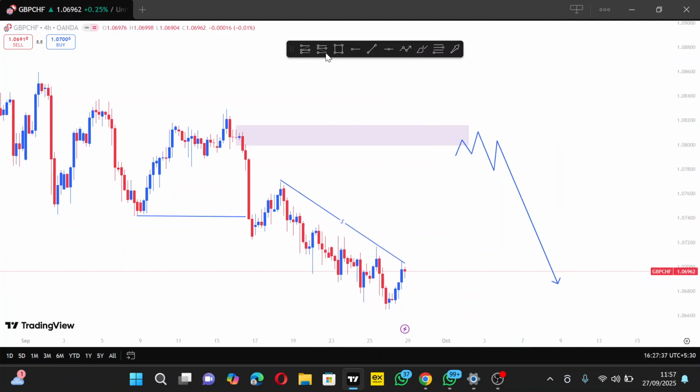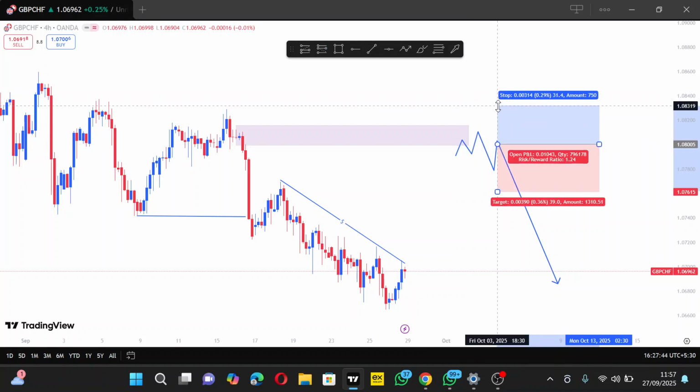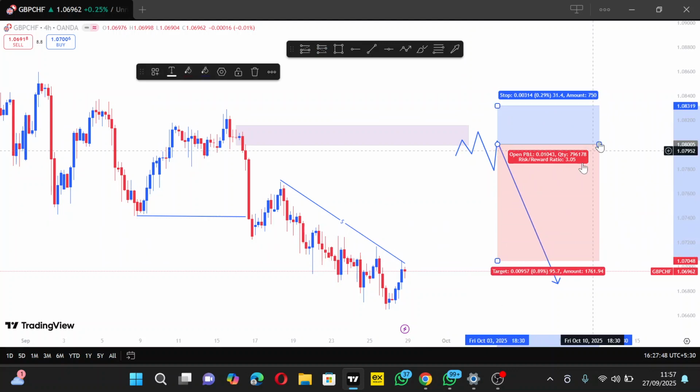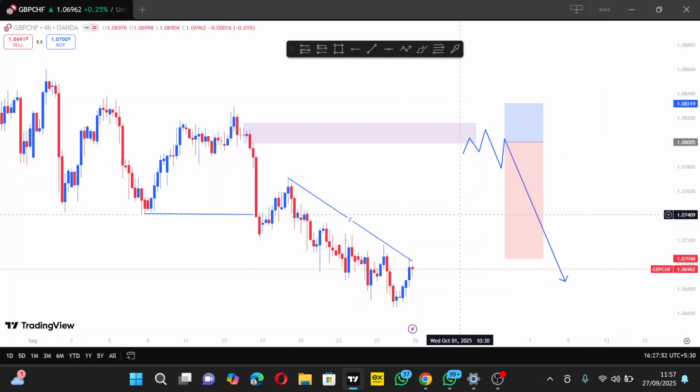So if I want to trade GBP, this is where I'm watching price to tap into before I will sell. But I'm not trading it. I'm just analyzing it for you guys. This is the only valid level. I'm telling you, this is the valid level for price to tap into before you sell.